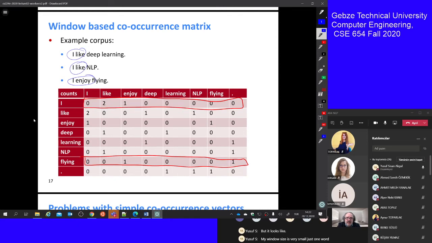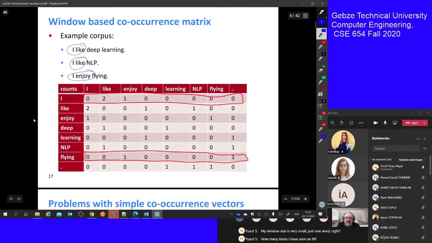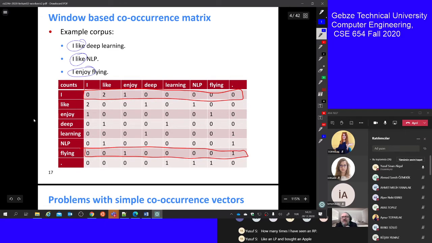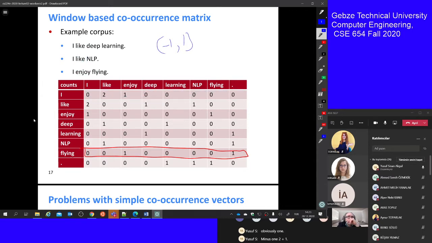How many times have I seen NLP, like NLP, and NLP dot? So my window size is obviously -1 to +1. That's the co-occurrence matrix.